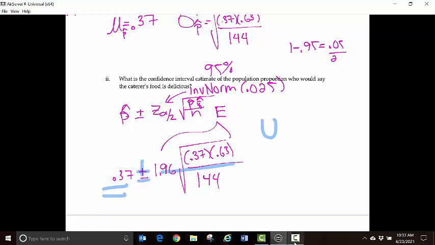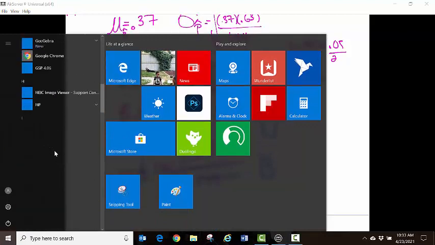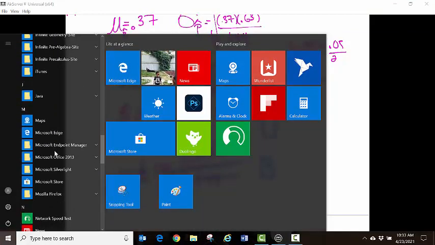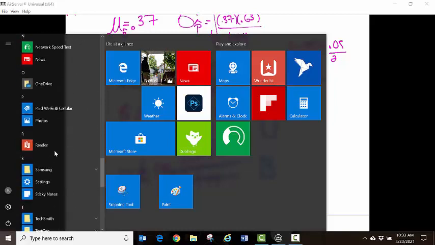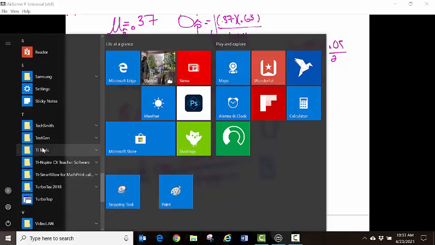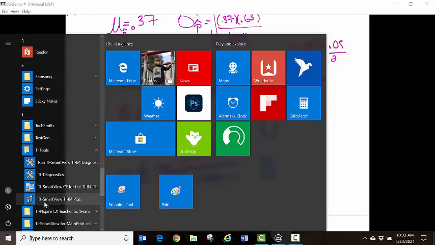This minus this stuff, that would give you your lower bound. But again, if they just wanted the confidence interval, I would just stick it in my calculator. And for those of you that are late on the homework, that's how I would be finishing my homework. So real quick.